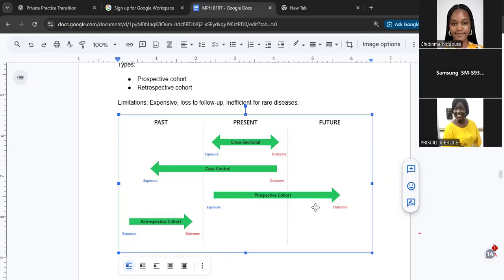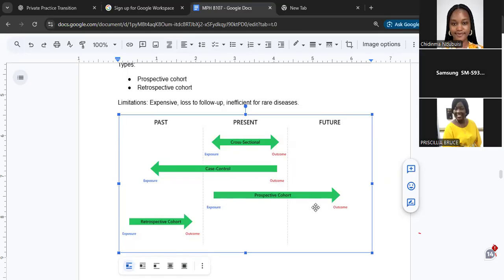But that's actually not correct. It's something to take note of in case we are reading, because sometimes we see different answers. Whichever one they say on the LMS, we can take it, but we just need to have at the back of our mind that actually in retrospective cohorts, both the exposure and the outcome, two of them, have occurred.